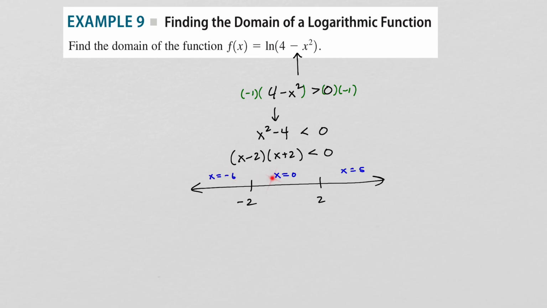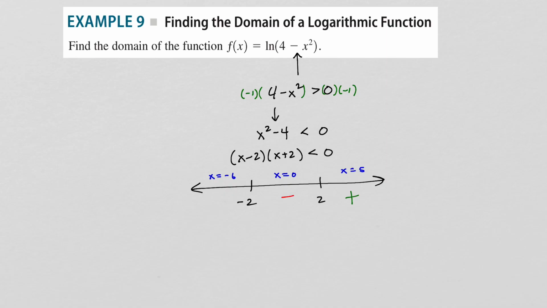And if you plug each one of these numbers in, for example, when you plug in 5, you will have 7 times 3, which is 21, which is not less than 0. So when you plug in 5, you get a positive number, which means this is no good, right? Because we want it to be negative. When you plug in 0, you will get a negative number.